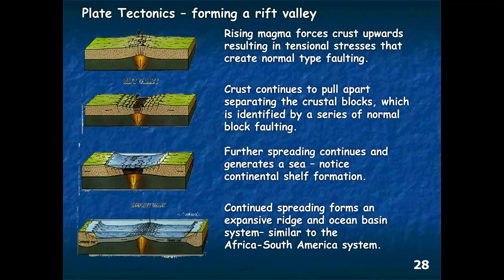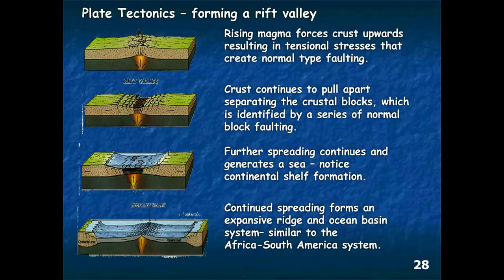Now, the next question to be asked: a divergent boundary makes new ocean material on the ocean floor, but can we also split apart a continent itself through divergence? The answer to that is absolutely. In fact, there are places today on Earth in which continents are splitting apart, and I will give you an example of that in the next couple of slides.